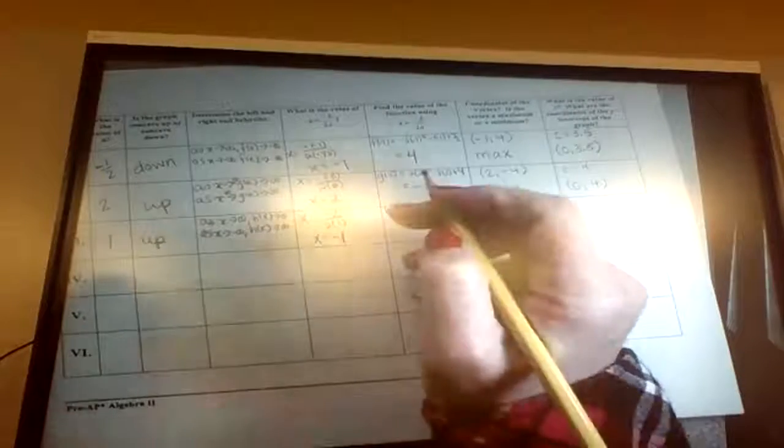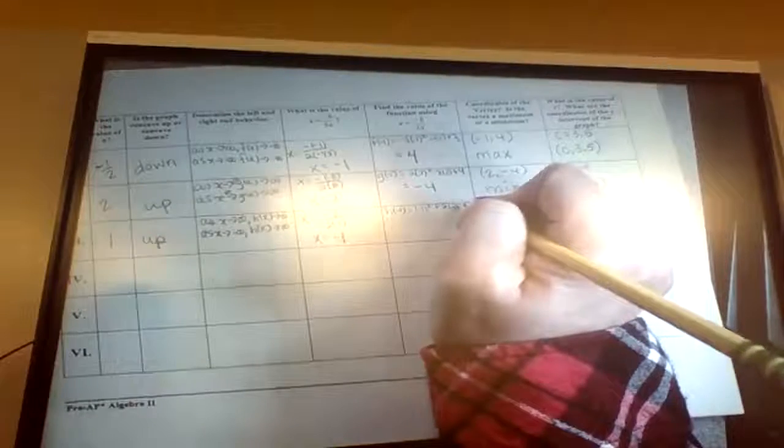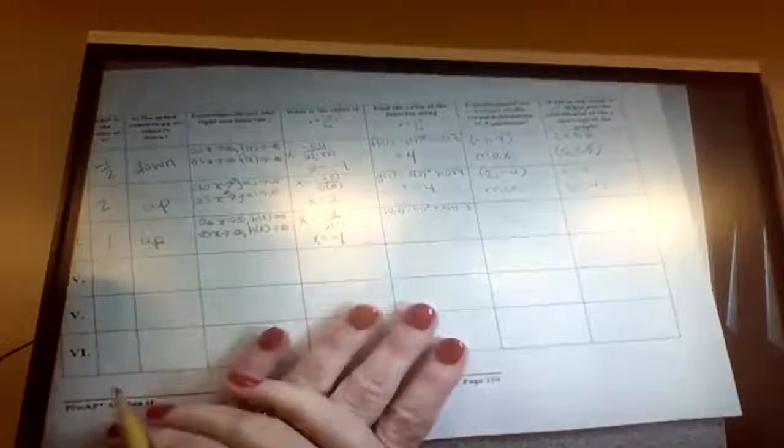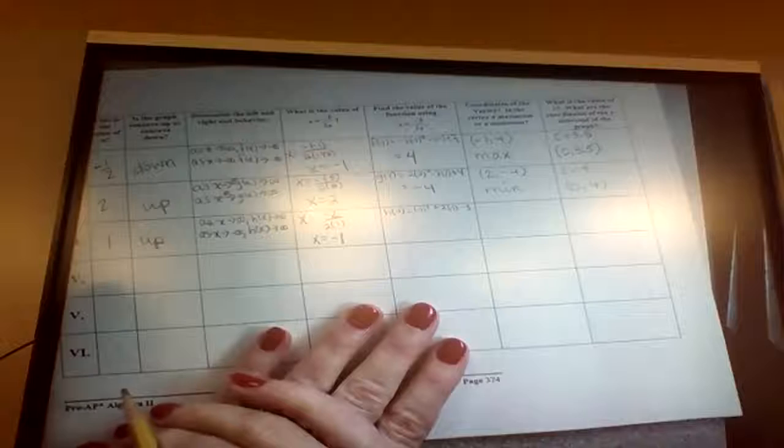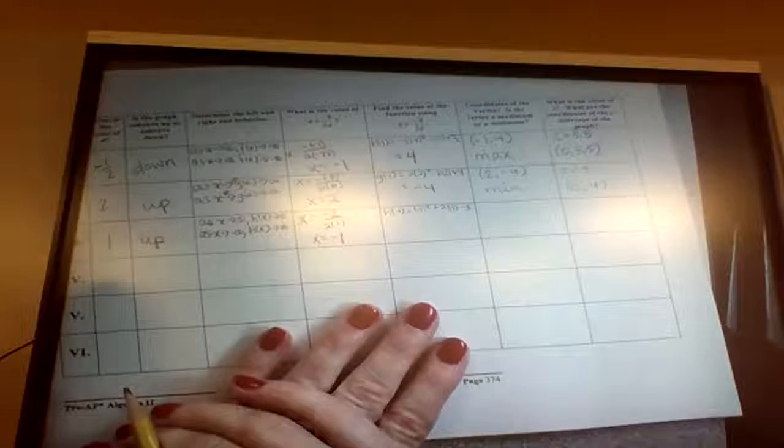All right. So h of negative 1. Negative 5 over 2 is negative 2. Well, that's what I did. Not bad. All right, and this is negative 4.